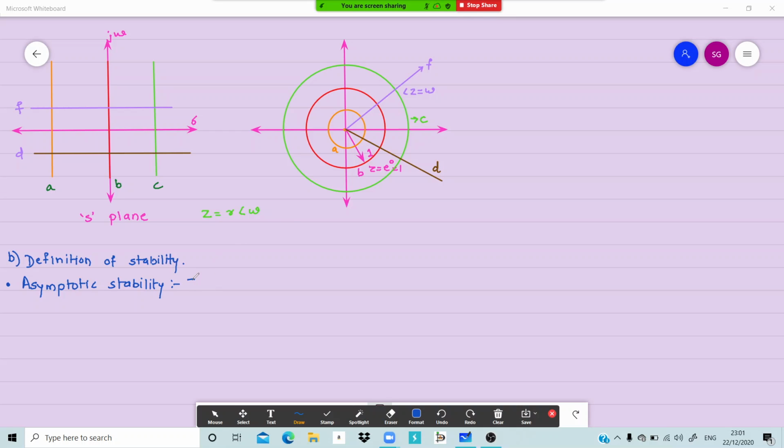So I'll write, if its response to any initial conditions decays to zero.